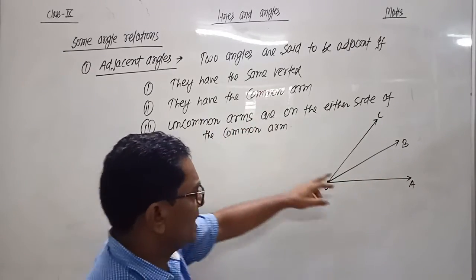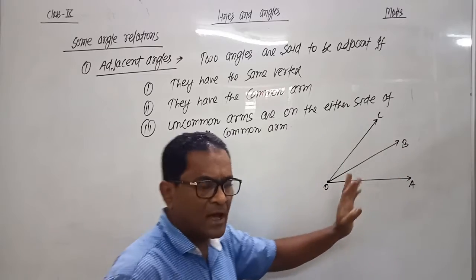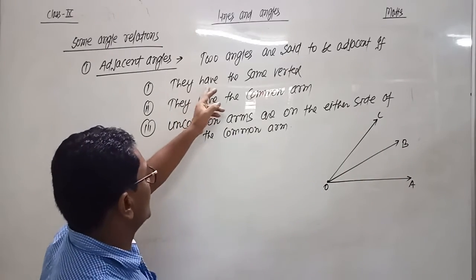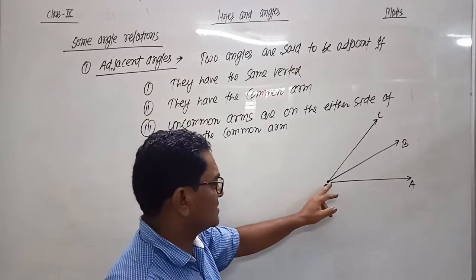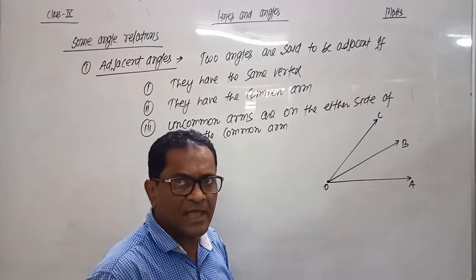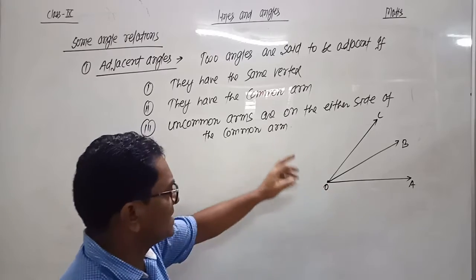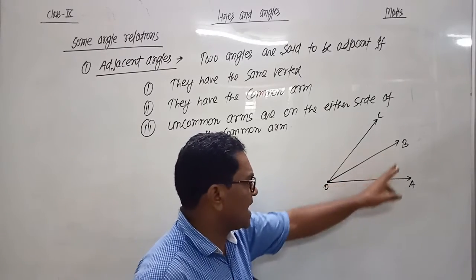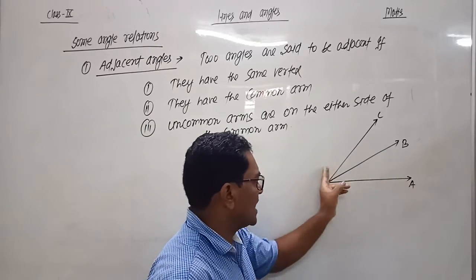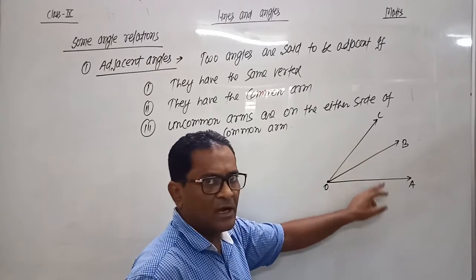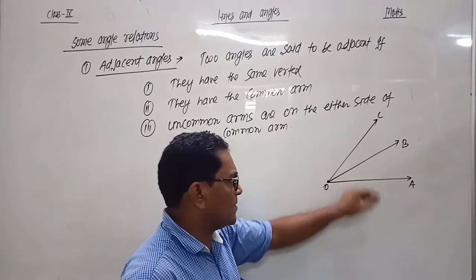The first point was that they have the same vertex. Point O is common for all these arms. So they have the same vertex, they have the common arm, and the uncommon arms lie on either side of the common arm.